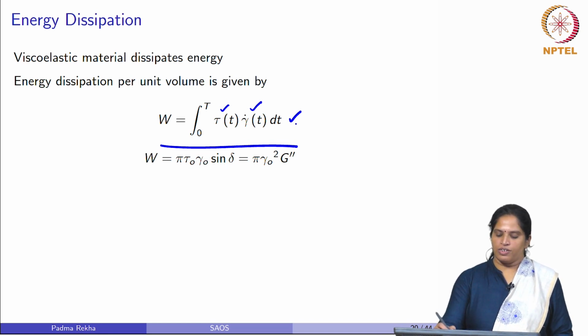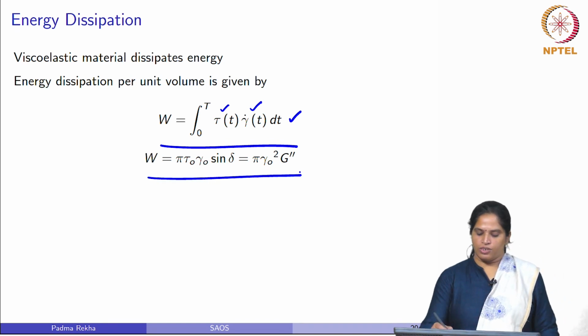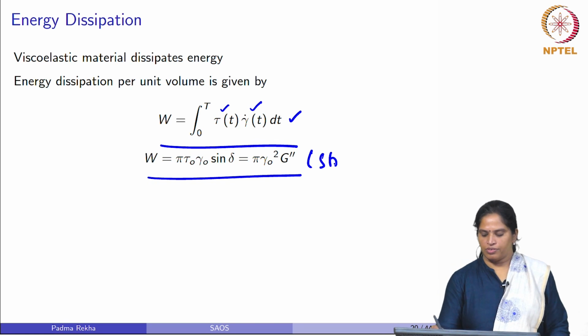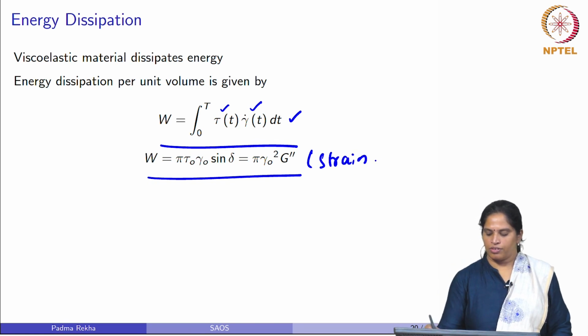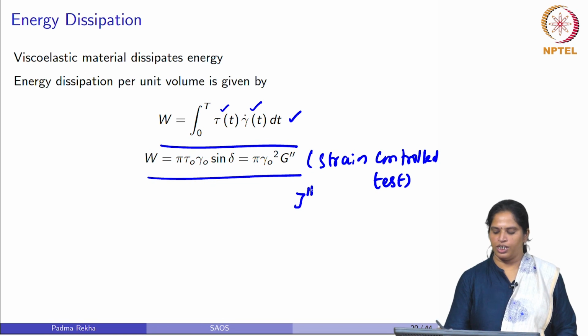Now, if you solve this integral equation for a sinusoidal strain or a sinusoidal stress, you will get this function for a strain control test. If you conduct a stress control test, you will get this equation in terms of J double prime.